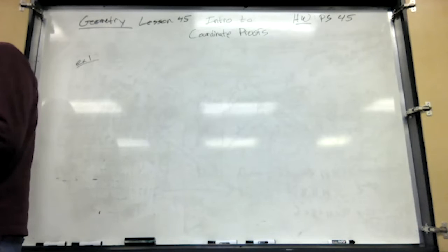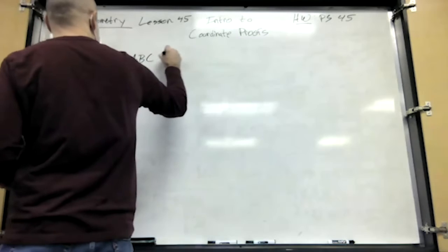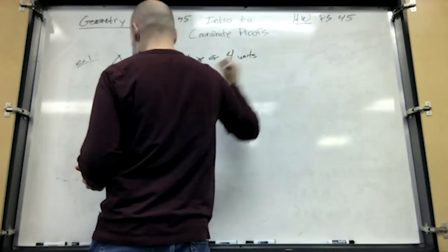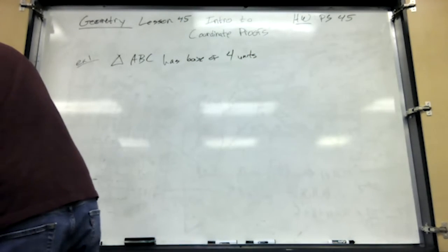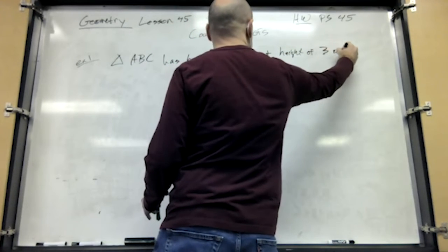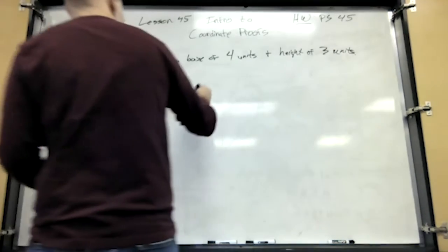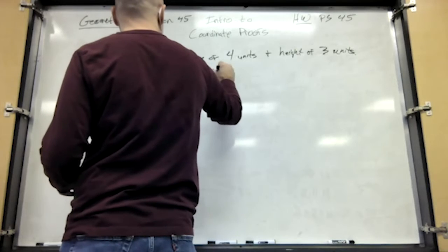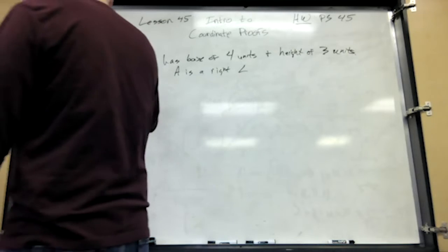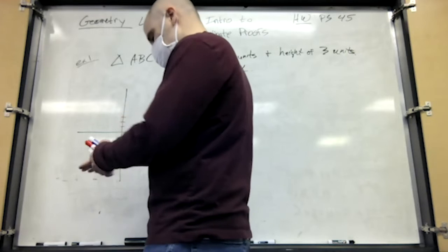So if I want to say triangle ABC has a base of 4 units and a height of 3 units, and then I wanted to say A is a right angle, okay, so if this is what's given, I would be strategic and I'm going to put my 4 units right there and my height of 3 there.